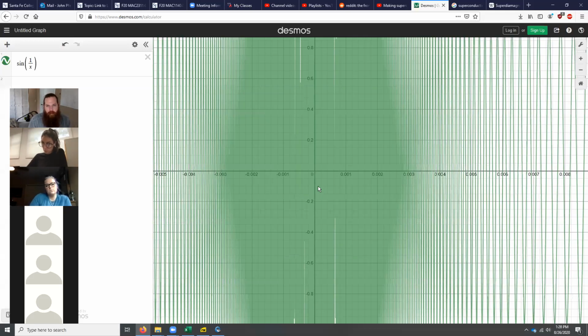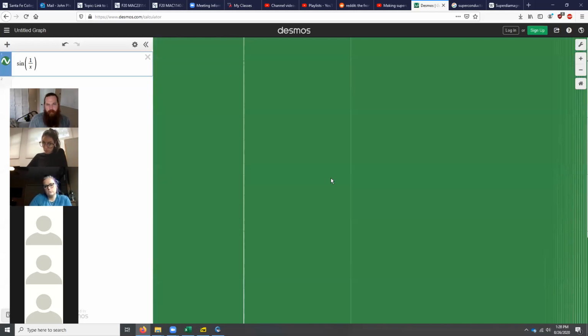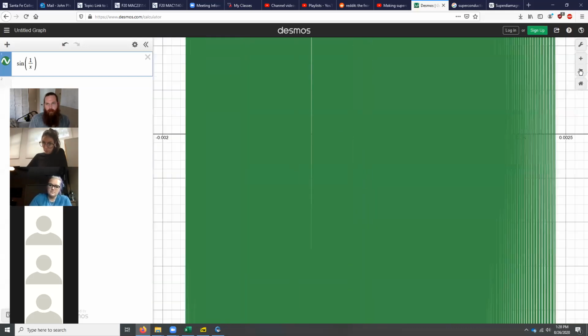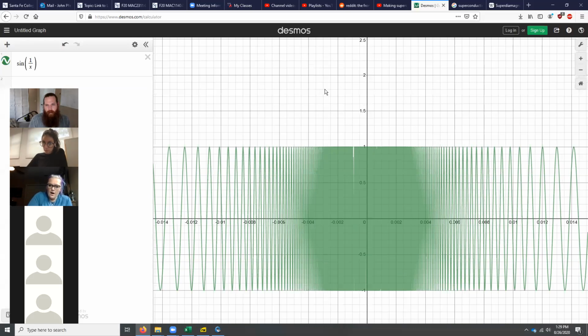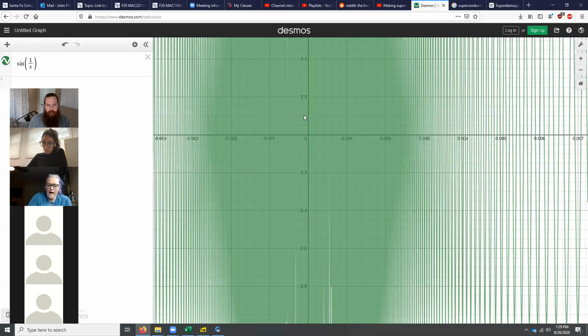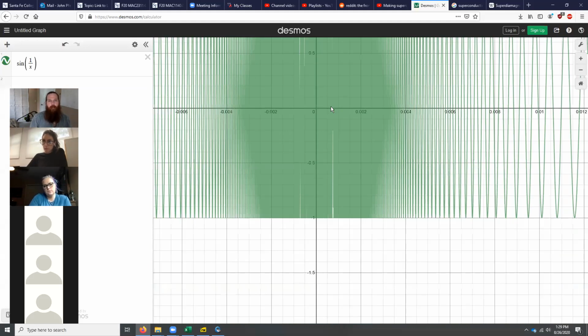If you zoom in, no matter how far you zoom in, the thing will be oscillating back and forth infinitely many times between where you are and 0. So there's no sneaking up on any particular value.